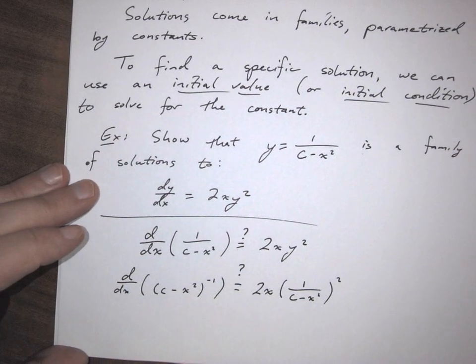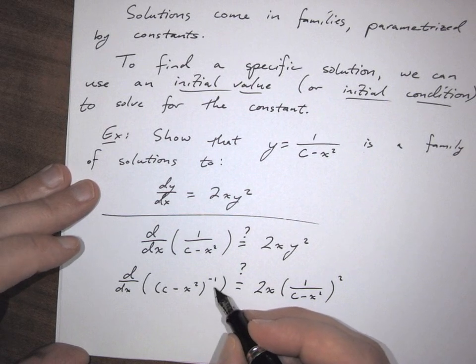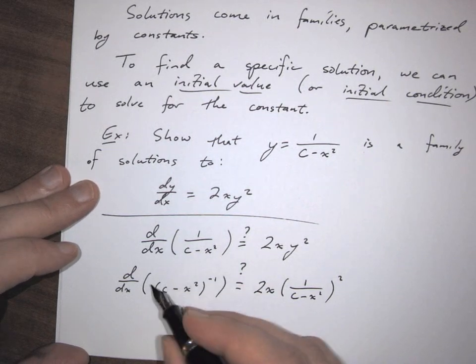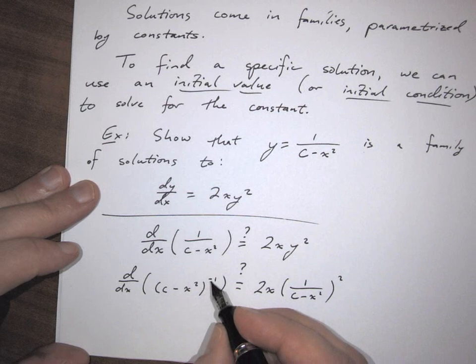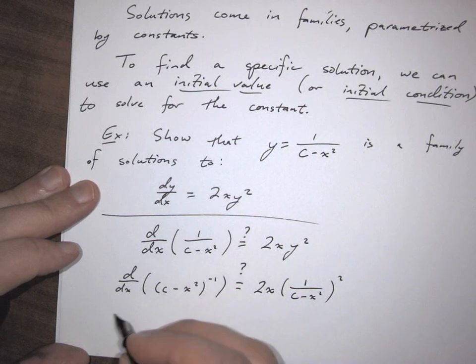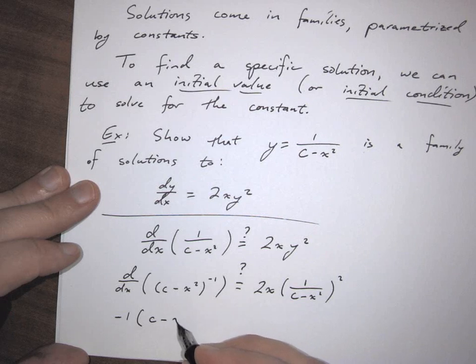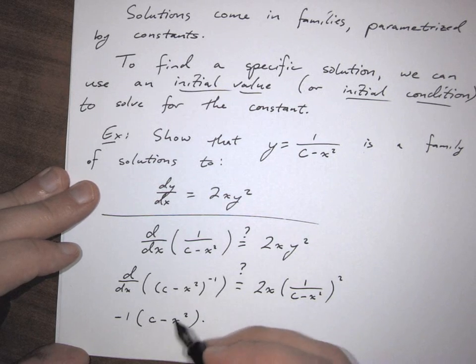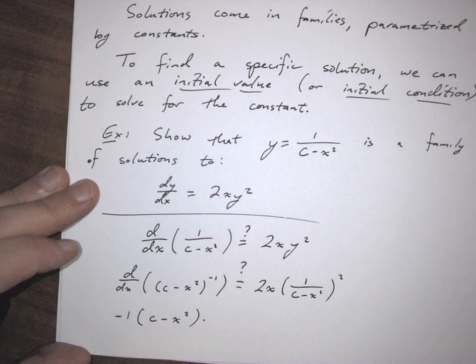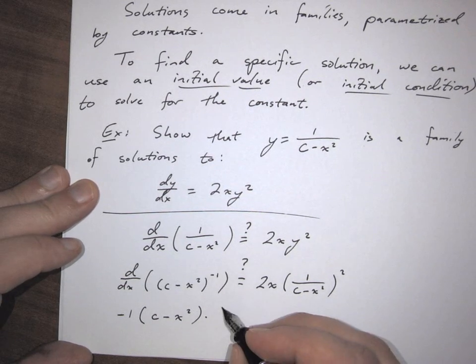All right, well now let's take the derivative here. So this is, again, a power rule and a chain rule. So the power rule says I should take that negative 1, bring it out to the front. So there it goes. But then according to the chain rule, I have to multiply by the derivative of the inside. Now c is a constant, so its derivative is 0.